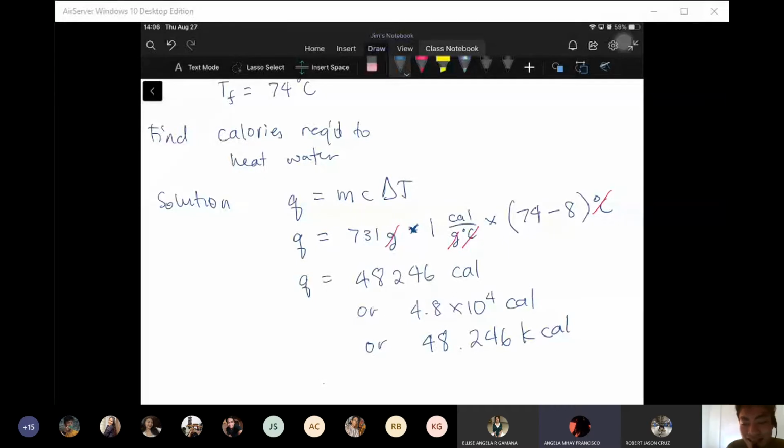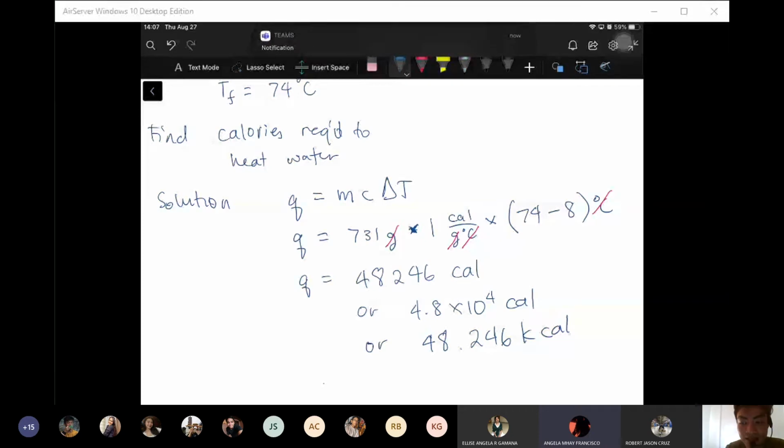Sa akin naman kasi okay lang kahit ano. Pero ang mangyayari kasi sa quiz ninyo, andun yung mga sagot, pero isa lang naman yung tamang sagot doon. So, kung lahat ng answers hindi naka-scientific, mamili kayo ng tamang number. Hindi ko naman gagawin yung kunwari ito yung A, ito yung B, ito yung C. Kung yung isang answer hindi naka-scientific, okay lang.